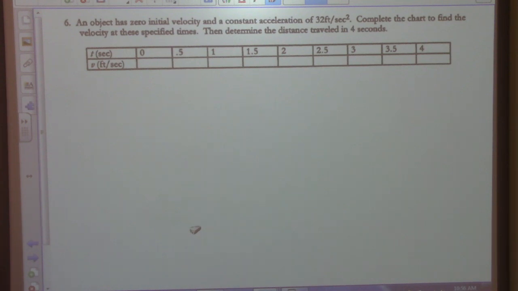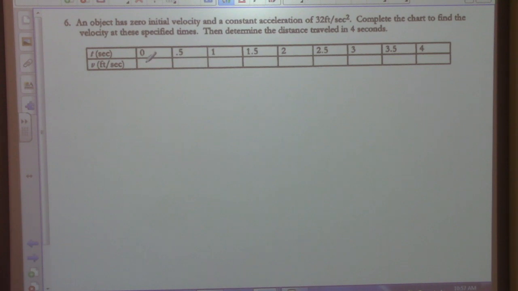Okay, here we have another one where an object has zero initial velocity and a constant acceleration of 32 feet per second squared. Complete the chart to find the velocity at these specified times. So after 1 second, you have your 32 feet per second squared.